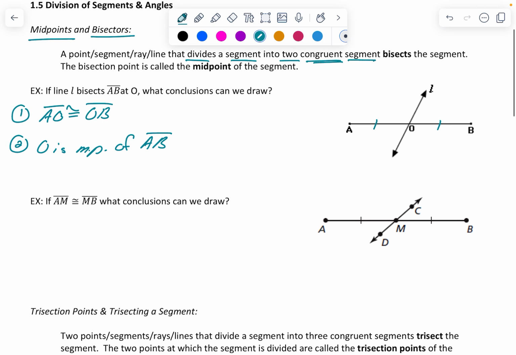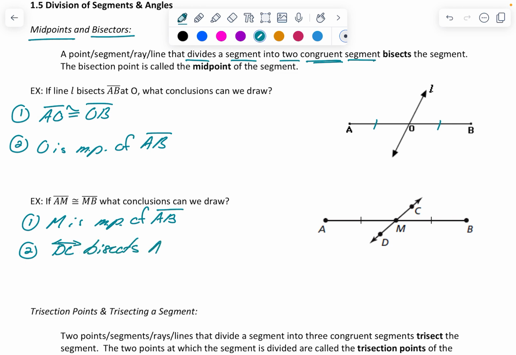So on the flip side, if we know AM is congruent to MB, what conclusions can we draw? Well, probably you're thinking M is the midpoint of AB is one thing we can say. And the other thing is we know that line DC bisects segment AB.